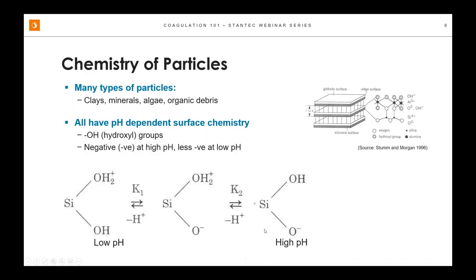And that leaves us with a surface that has less positive charge or a more negative charge. So at higher pH, all of these particles get more negative. And as the pH decreases, they become less negative.